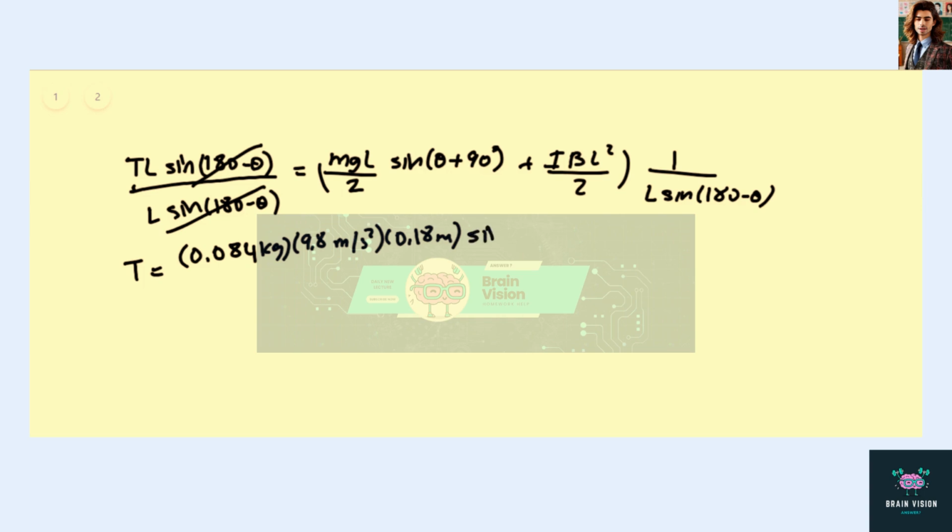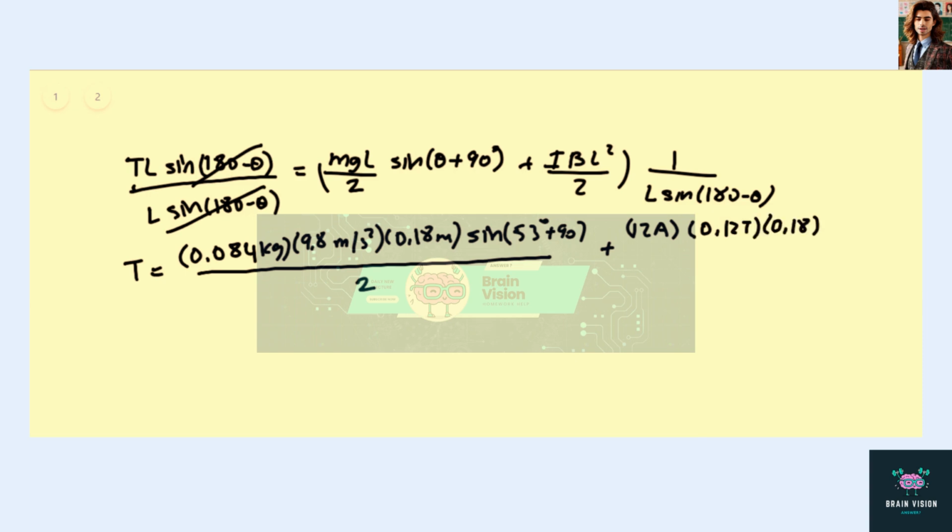And here the sine is going to be of 53 plus 90 degrees, divided by 2, plus the current, which is 12 amps, the magnetic field, which is 0.12 Teslas, and the length, 0.18 meters squared, over 2.